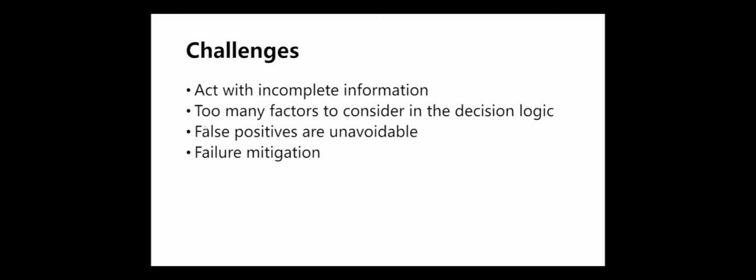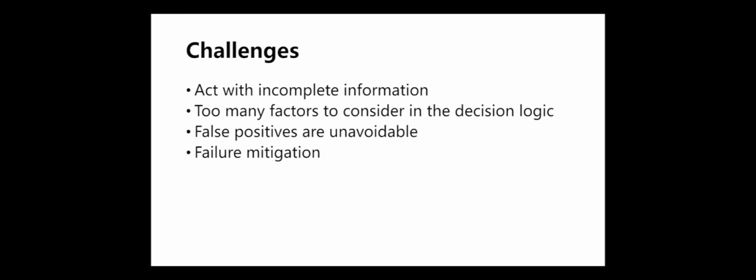And the second one is too many factors to consider in the decision logic. Due to the massive scale of a cloud system, there are many factors to consider in the decision logic. A decision may work well for some nodes, but not for others.